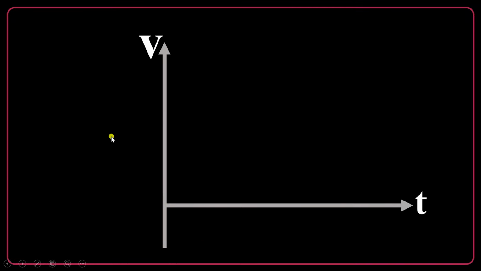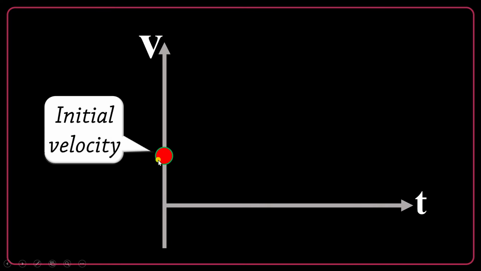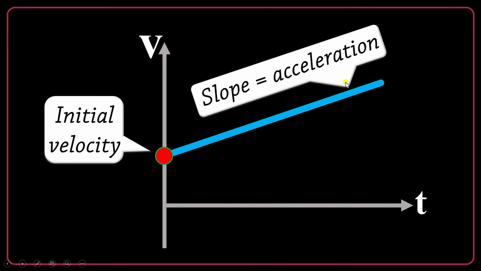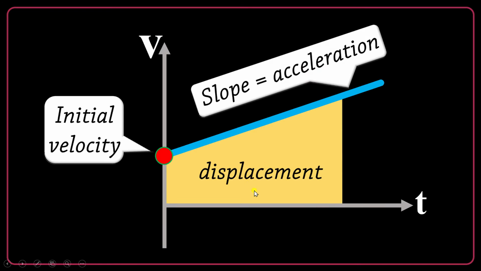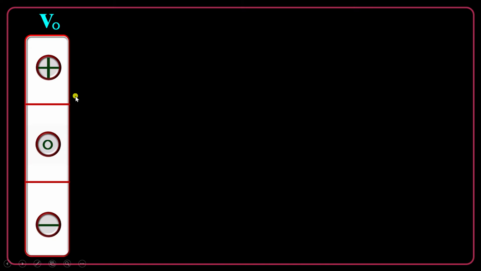To summarize, velocity time graph is always a line starting from initial velocity, which is vertical intercept. It can be positive, 0, or negative. The slope is acceleration, and the area under the graph is displacement. Suppose that the initial velocity is positive, so the VT graph starts from a point above the t-axis.